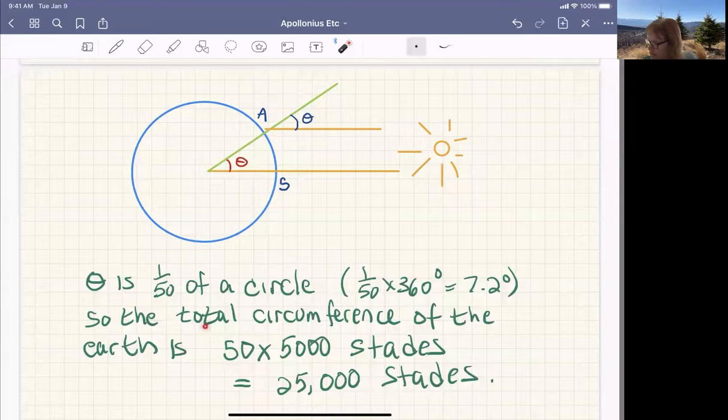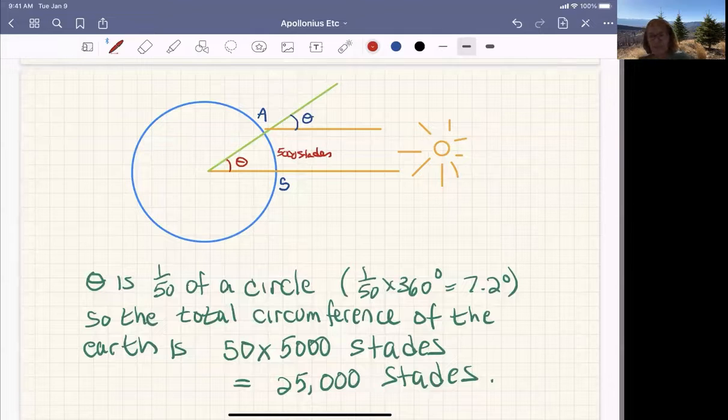So the total circumference of the Earth is going to be, so this is 1/50th around the Earth. And the length is 500 stades, or rather 5,000 stades.